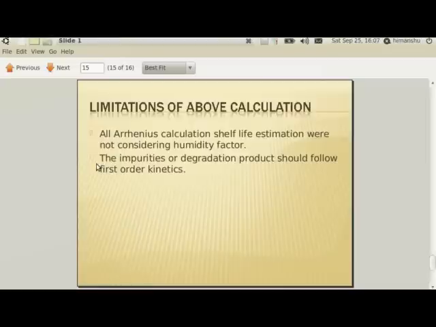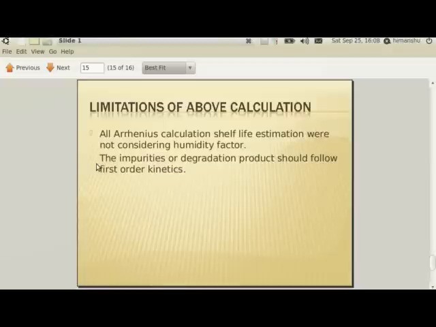So, for example, if we know that our impurity also responds to humidity, then this could not give us a correct estimation of our shelf life, but it can be used as a tool to really understand and make decisions at the critical level where we require the help of a mathematical tool to know the behavior of the product or to anticipate the behavior of the product.